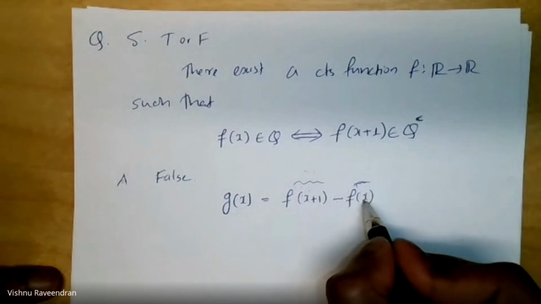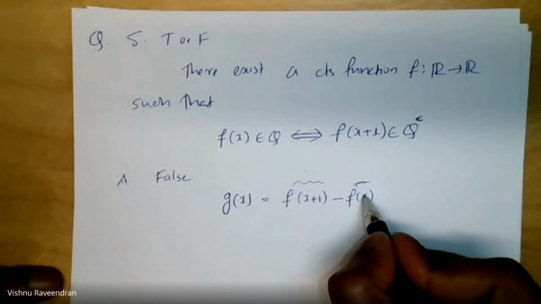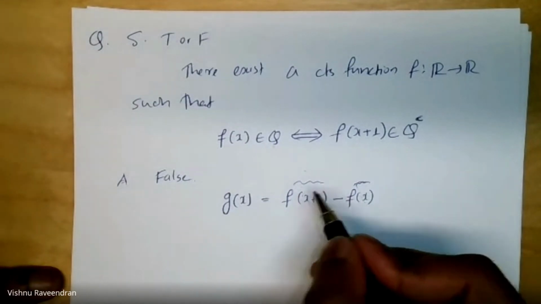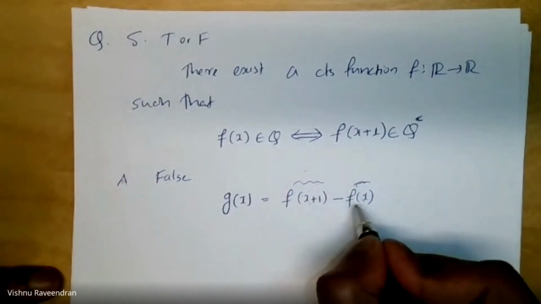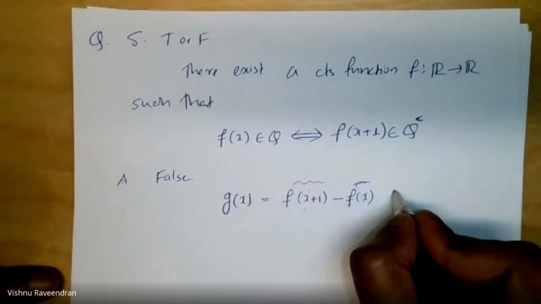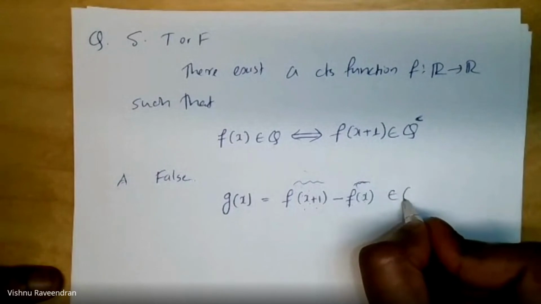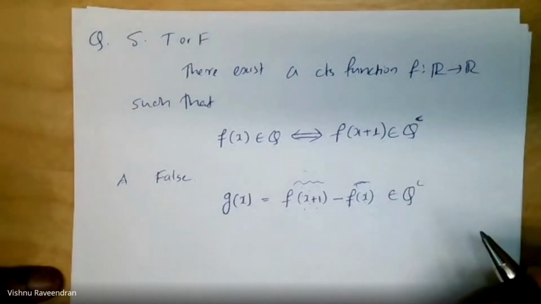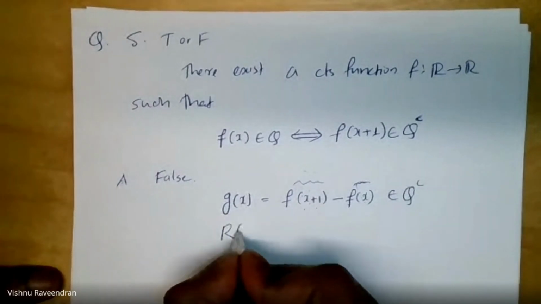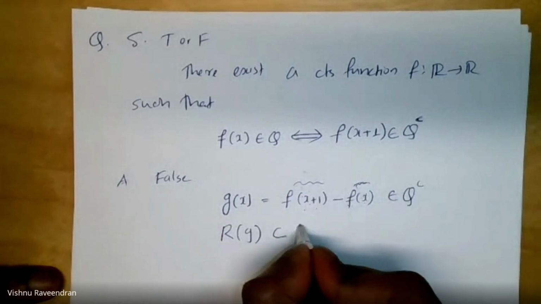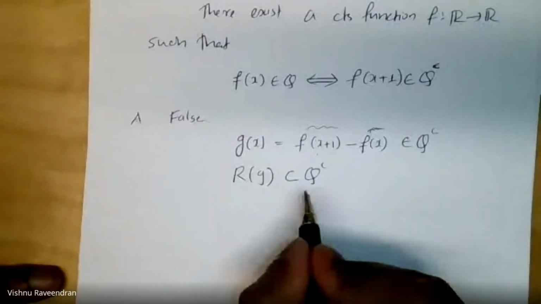In the other way, if f of x is irrational, then f of x plus 1 must be rational. So the difference between a rational and an irrational will always be irrational. So you will get the range of g will be in Q complement.